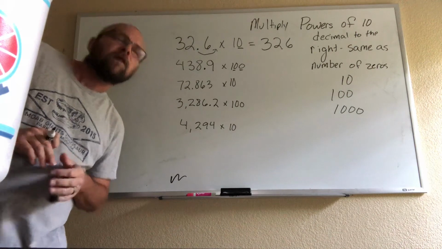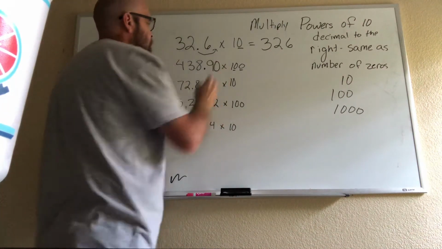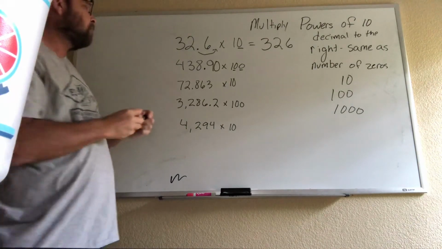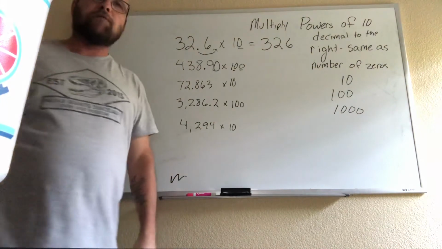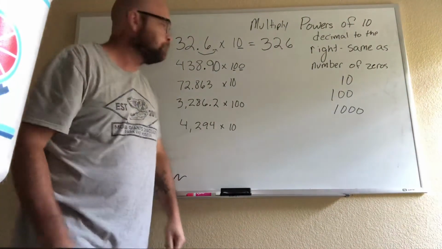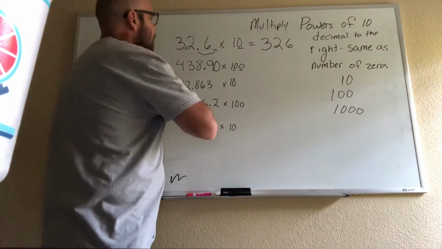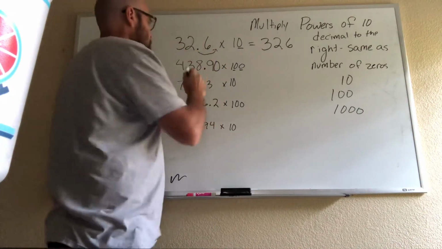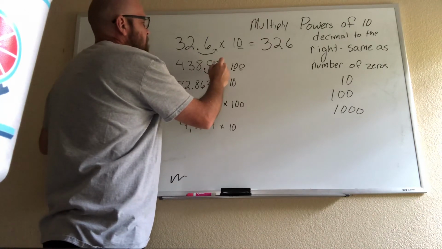Can you put a 0? I can put a 0, because that's like having this number and adding 0 hundredths to it. If I add 0 of anything, it doesn't change it. So I can put a 0 if I'm moving it 2 places to the right. Once is behind the 9, twice is behind the 0.